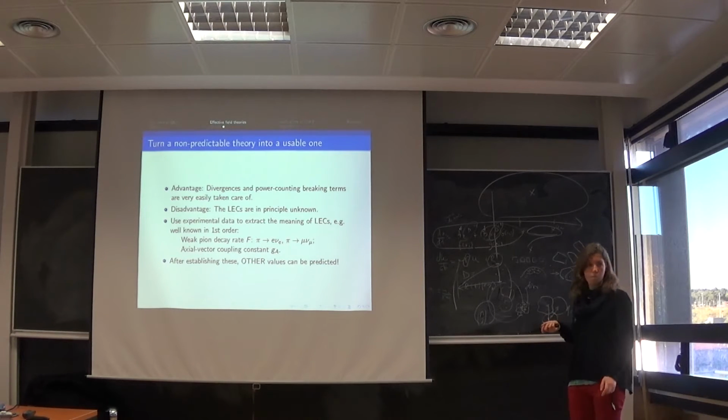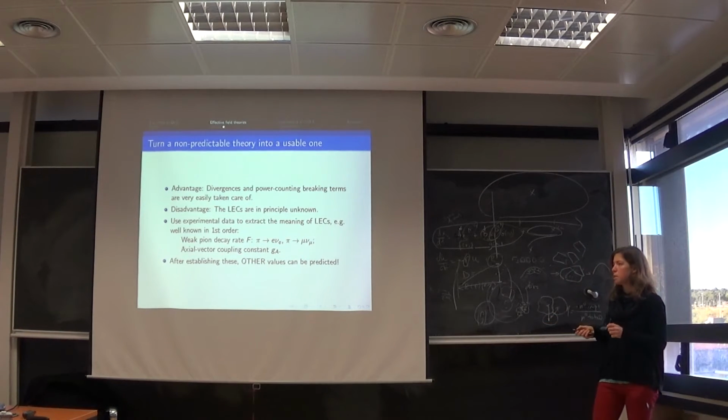The constants that appear at the lowest order are, for one, the weak pion decay rate. So the rate with which a pion will decay into a pair of an electron and neutrino, or a muon and a muon neutrino. And the other constant that appears is the actual vector coupling constant. So this can be taken out of beta decays of the protons.